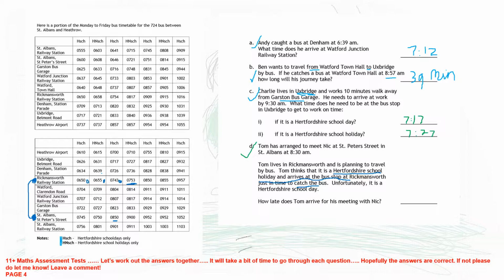I think whichever way we look at it, we have to find out which bus Tom takes. So I think the bus Tom takes is 7:43. And so he arrives at 8:50, and so he's 20 minutes late.